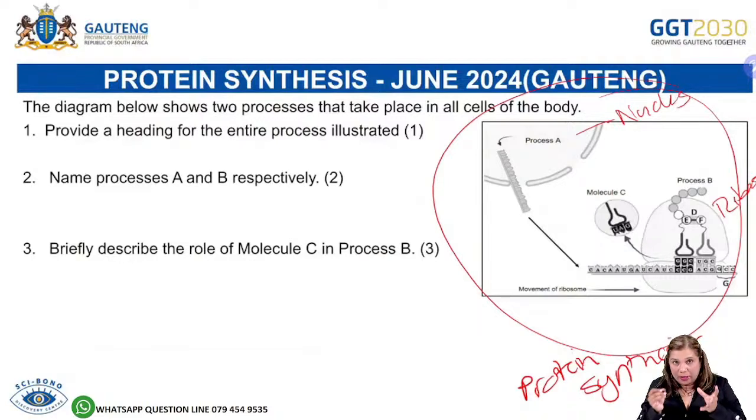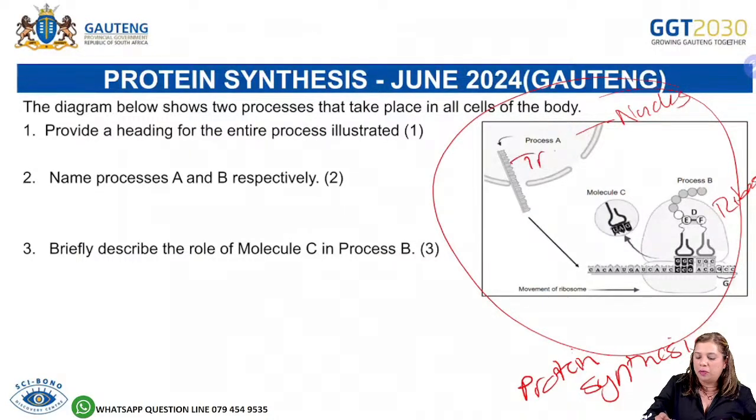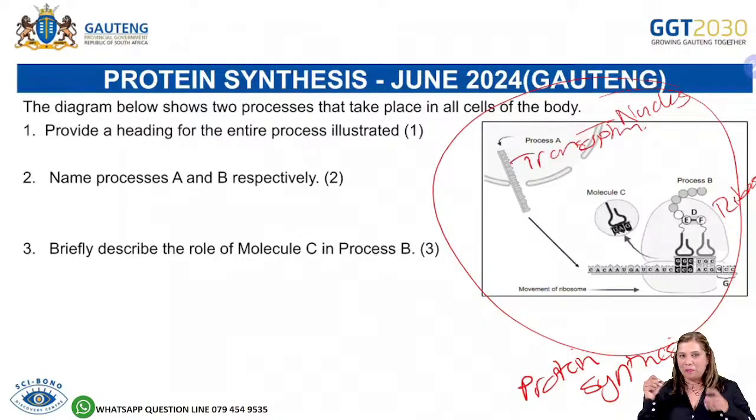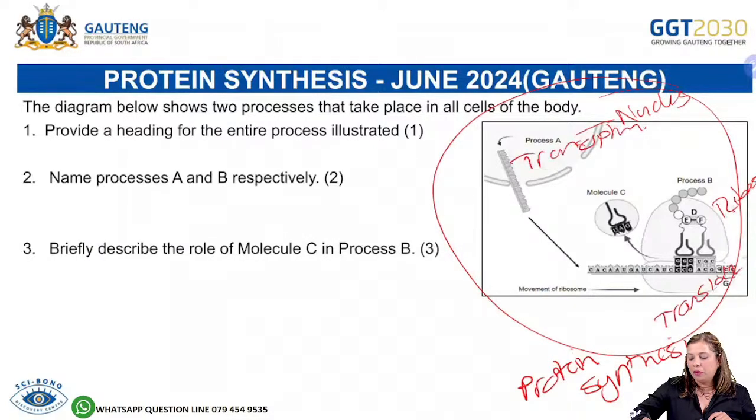The 2 stages in protein synthesis are process A, which we know to be transcription. Remember transcription, to write a message, you can relate the two. And the one in the ribosome, we know it is translation.